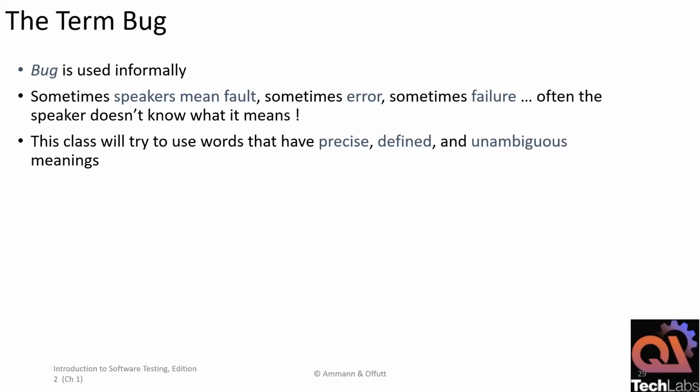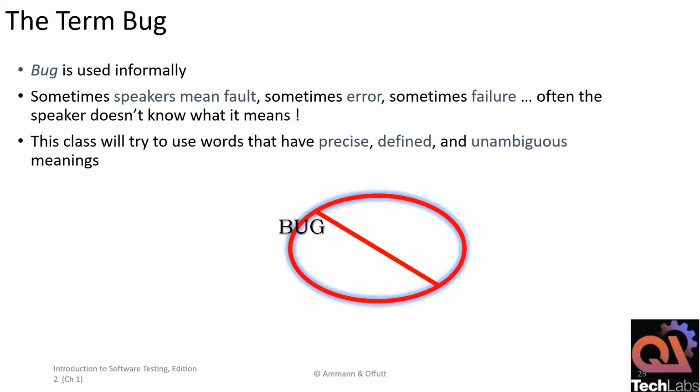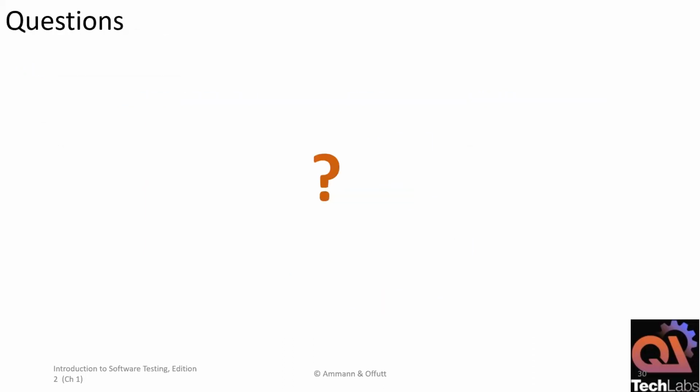Often the speaker doesn't know what it means. Simply they will tell something in the meeting without understanding. This class will try to use words that have precise, defined, and unambiguous meanings. So bug is equal to error equal to defect. BED. You remember that code word. Any questions?